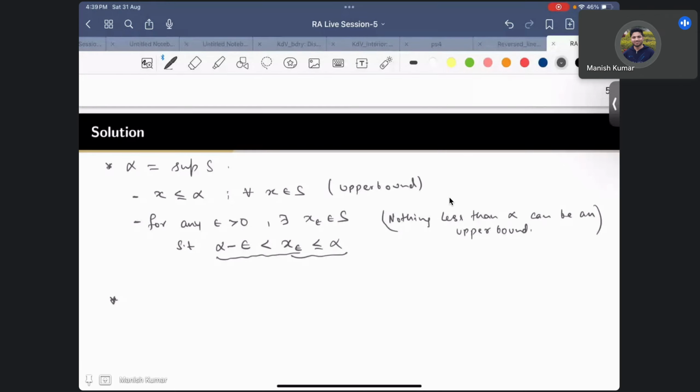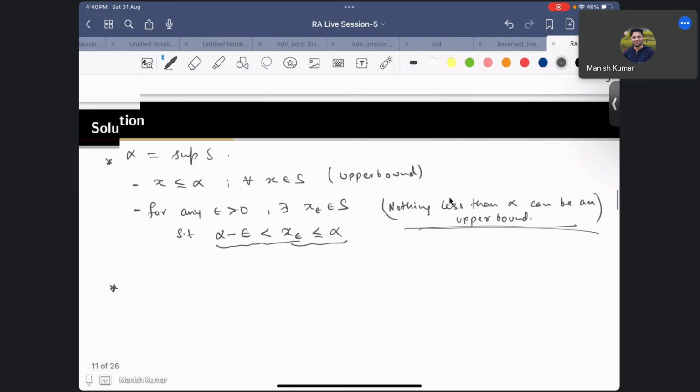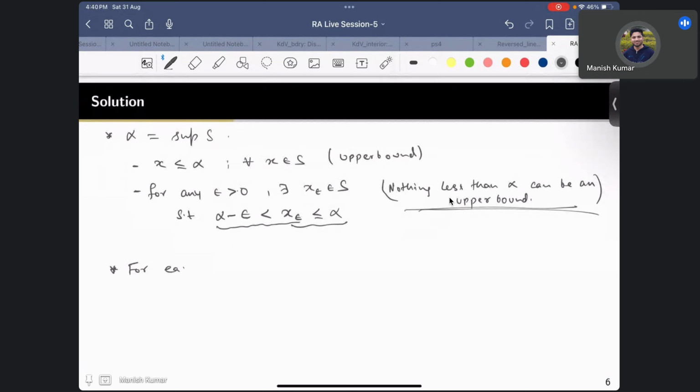Using this epsilon property, I'll try to get a sequence. For each natural number n, there will exist an xn belonging to S such that alpha minus 1 by n is less than xn. I have just taken epsilon equal to 1 by n in the last line. That's all I have done here.